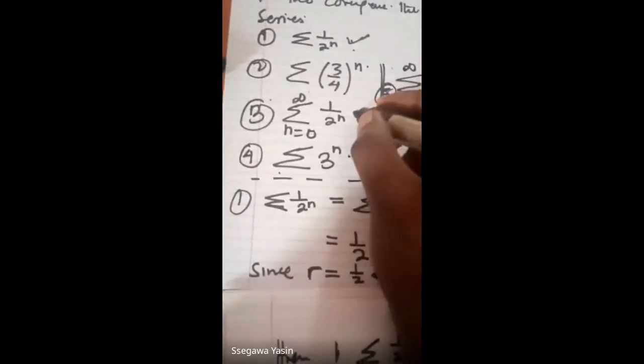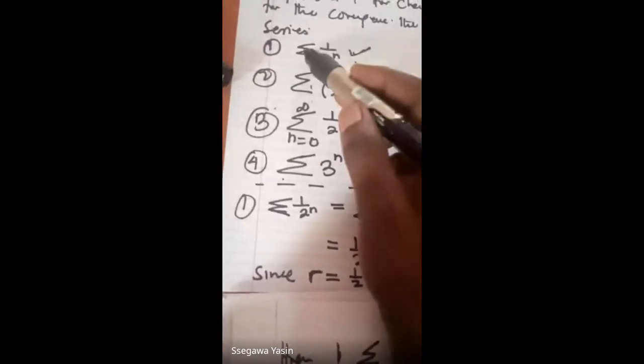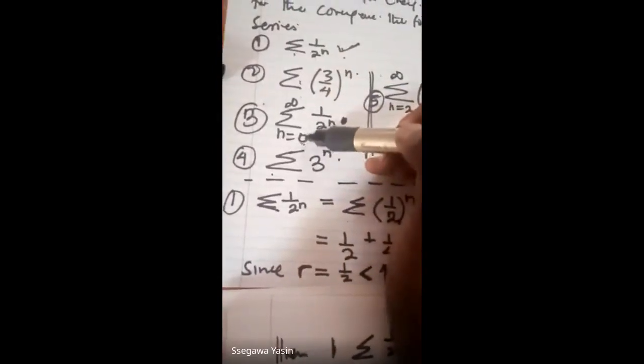Now when you check back from our questions, we have calculated this, which is okay. Now I want us to go to number 3. This one starts from n equals 1, but number 3 starts from n equals 0, so we have to check.